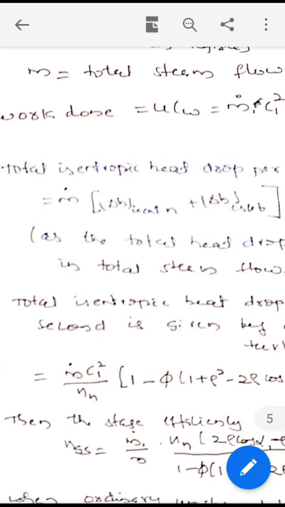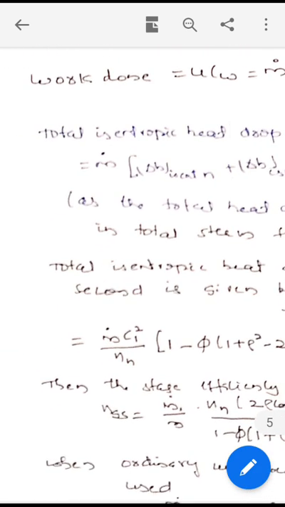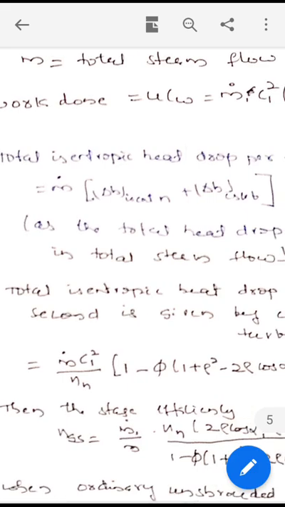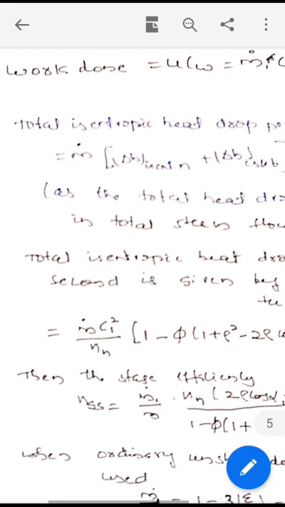Then the total isentropic heat drop per second is M dot into the total isentropic drop in the stage, delta H isentropic in the nozzle plus delta H isentropic in the blades. So M dot is the actual steam flowing through the turbine.